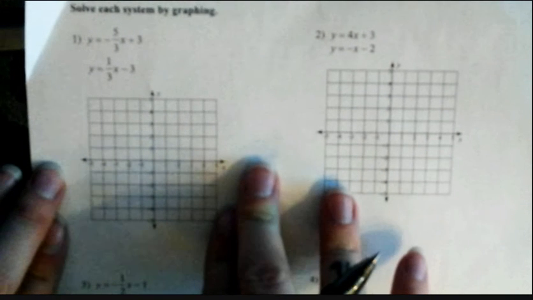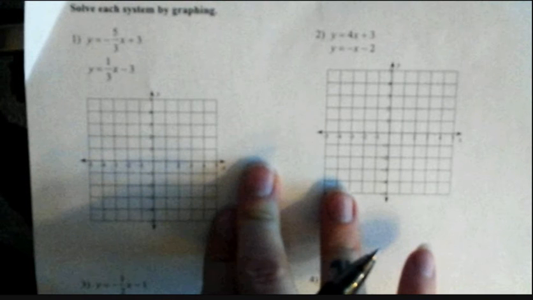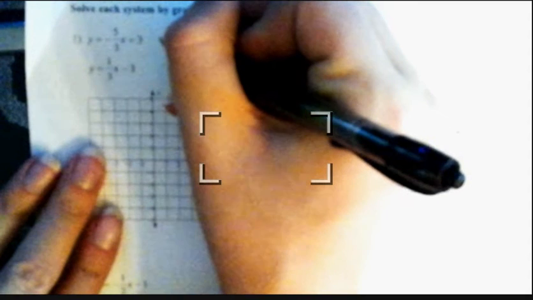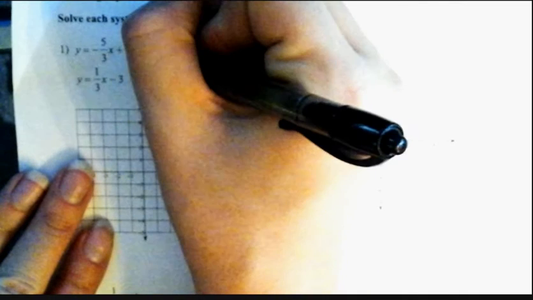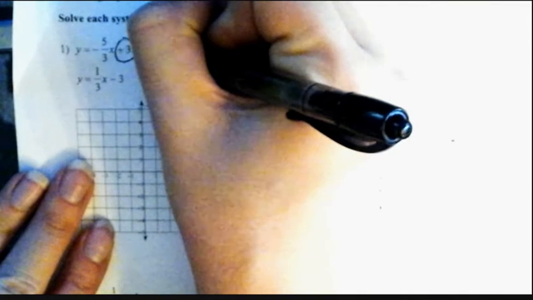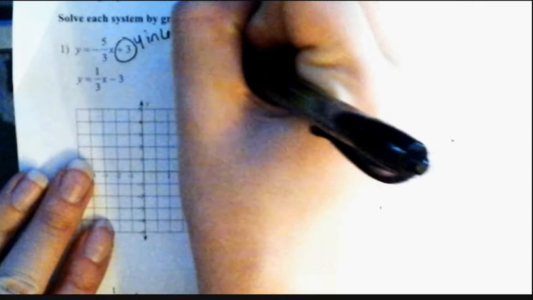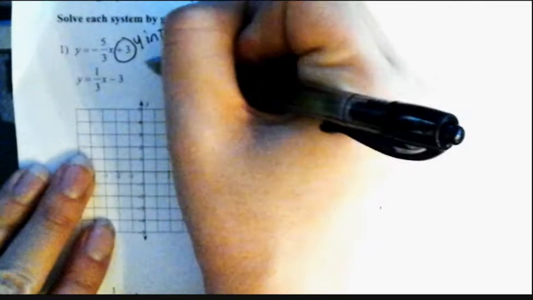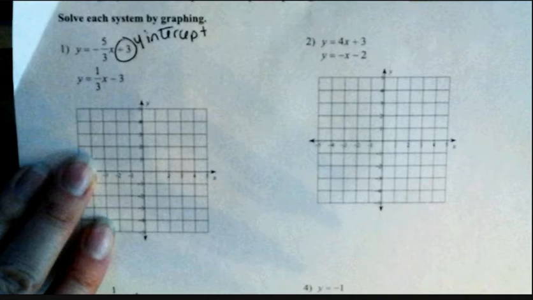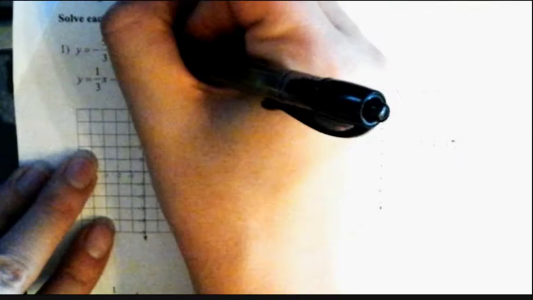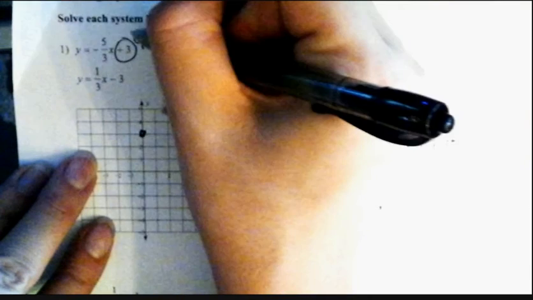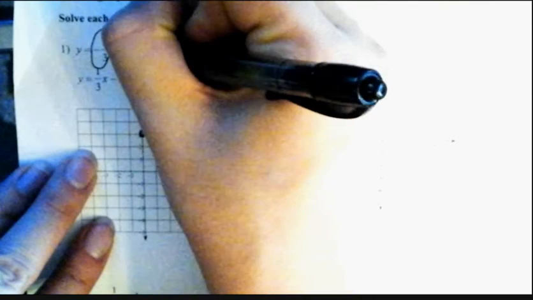Now, for number 1, I'm going to start by graphing this first equation. In this first equation, remember we always start graphing at the y-intercept. This equation has a y-intercept of positive 3. After I graph my y-intercept, I then look at the slope.